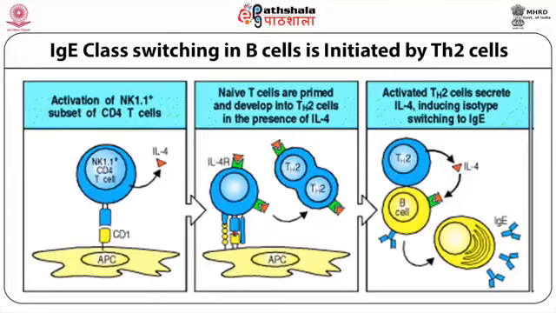Naive T cells are primed and develop into Th2 cells in the presence of IL-4. Finally, activated Th2 cells secrete interleukin 4, inducing isotype switching to IgE.